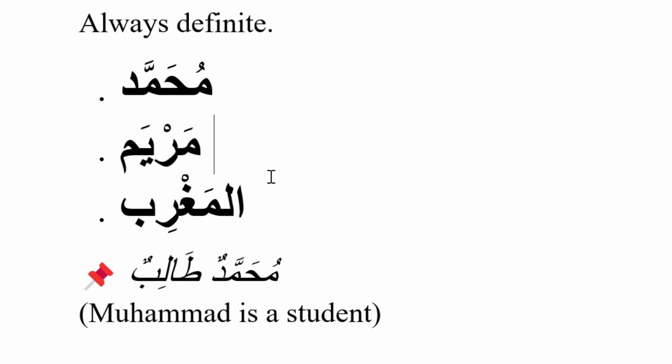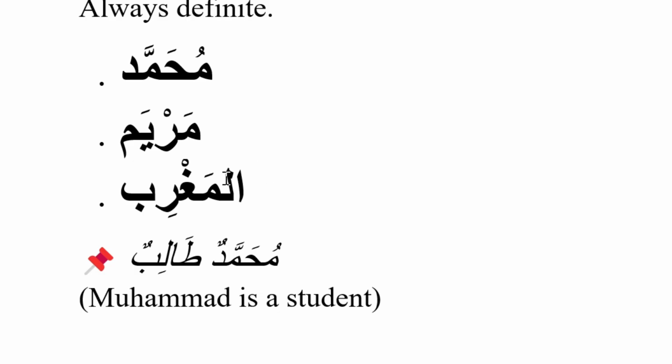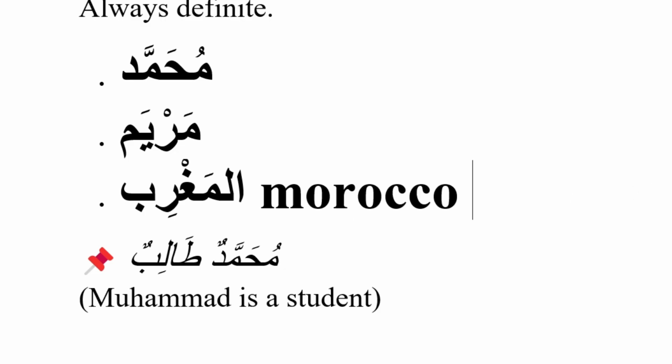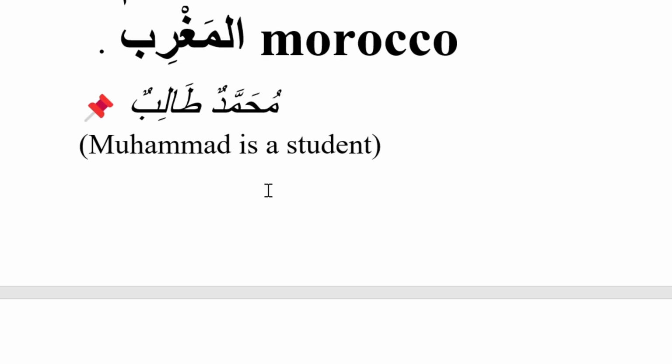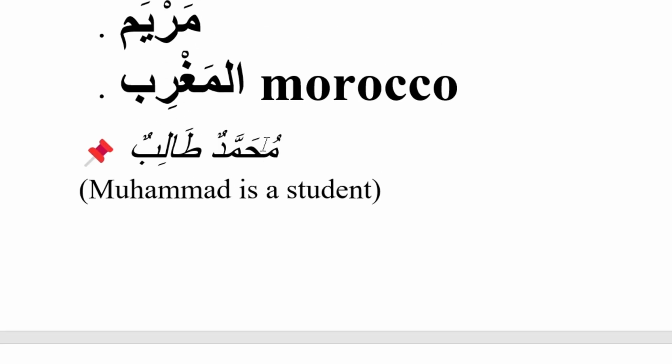For countries, we have Al-Maghrib, Morocco. There is one Morocco, one Egypt. If we say المغرب, you have to put alif and lam because it's معرفة, specific. محمد طالب: here محمد is definite, and طالب is a student.